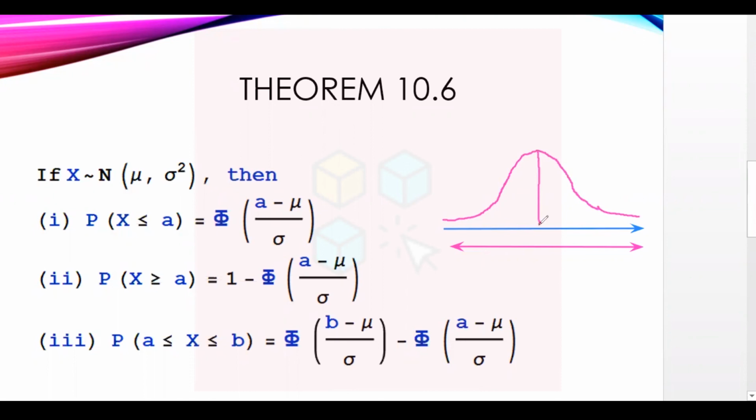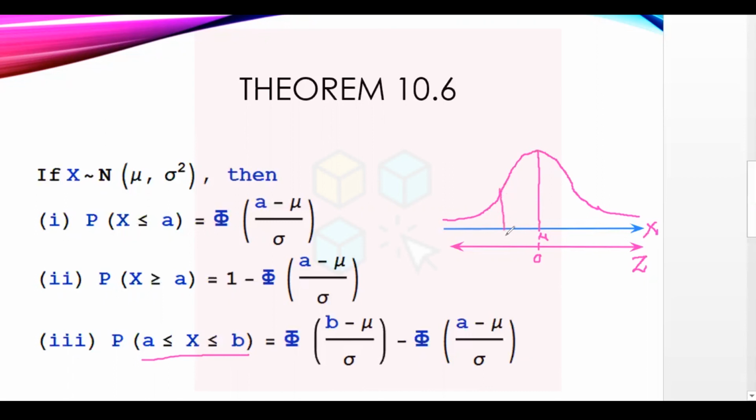Center, always mention center first, is on both lines. So here it must be 0, because this is z scale. Here it is x, and up on x there must be the mean, and mean is equal to mu. So a and b are the 2 points such that a is less than b. So a must be before b.